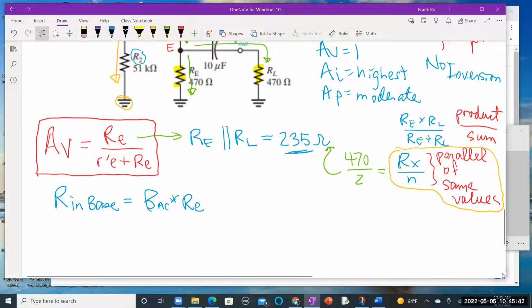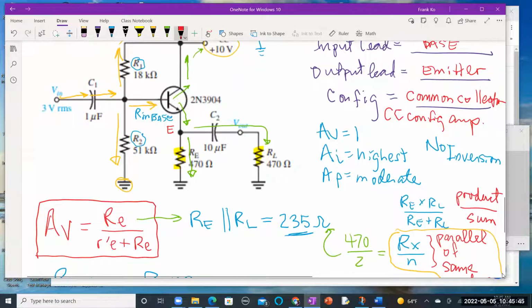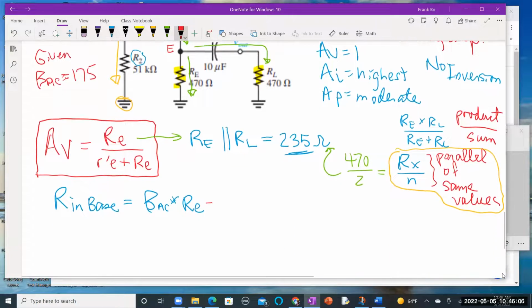And so this particular one here, you assume, or you're given your beta AC equals 175. So that's your given as a parameter. So in this particular case, this would be 175 times 235.